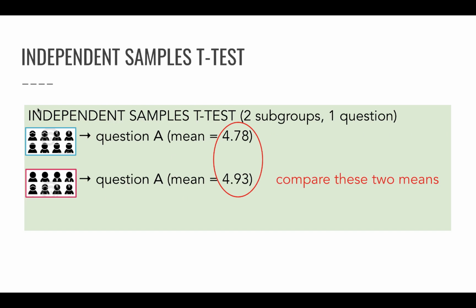A way to visualize this would be having two separate groups, group 1 and group 2, and they both answer question A, and you compare the mean of this first group on question A and the mean of the second group also on question A to see if there's a difference between these two means. This is exactly what an independent samples t-test does. Two subgroups, one question.